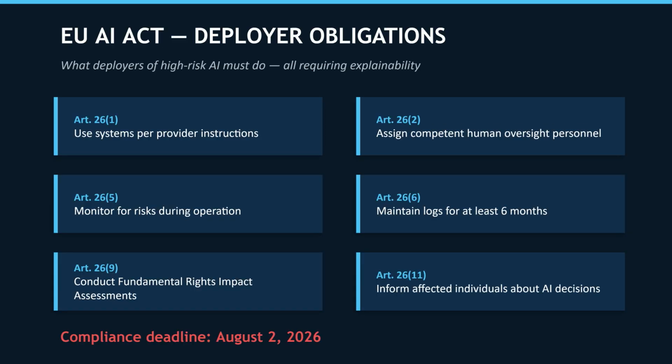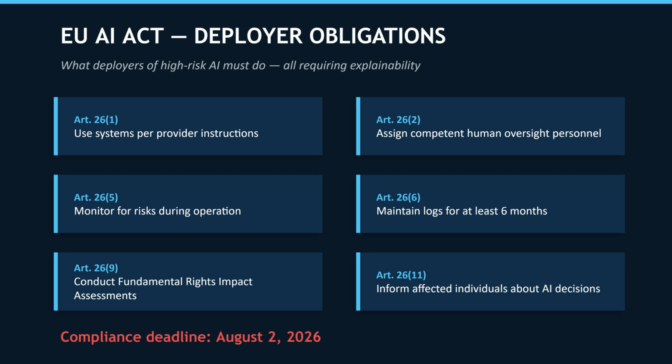Because the EU AI Act is very clear about what deployers of high-risk AI systems must do. Article 26 lays out 6 key obligations, and every single one depends on being able to explain what the system is doing. You need to use systems per provider instructions, which basically means understanding them. You need to assign competent human oversight personnel who can correctly interpret the system's output.